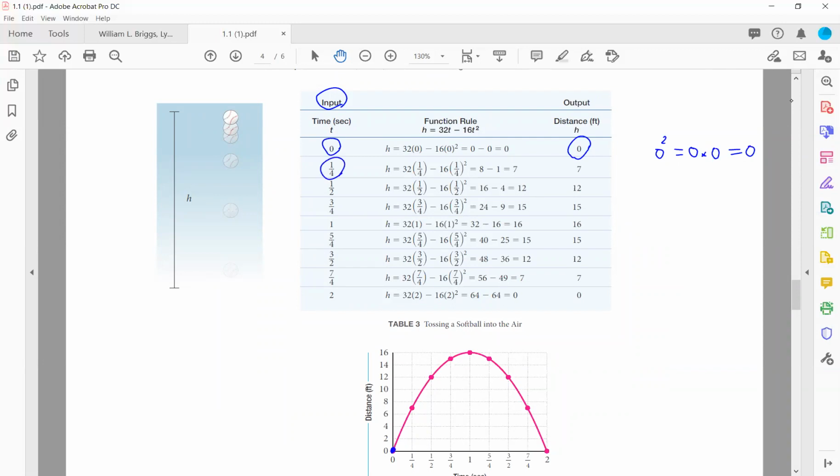Plug a fourth into the function, 32 times t, now your t is a fourth, minus 16 times a fourth squared. 32 times a fourth is 8, and 16 times a fourth times a fourth: you multiply the denominators, 4 times 4 is 16, you can cancel these out, and the outcome is 1.